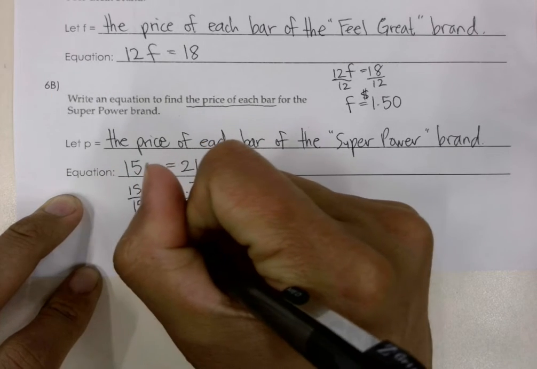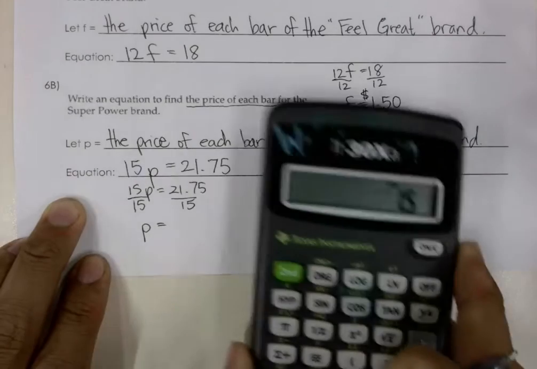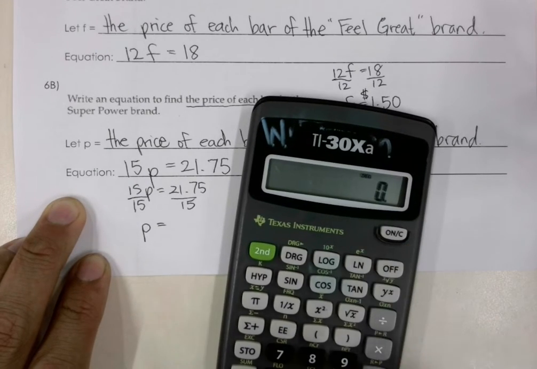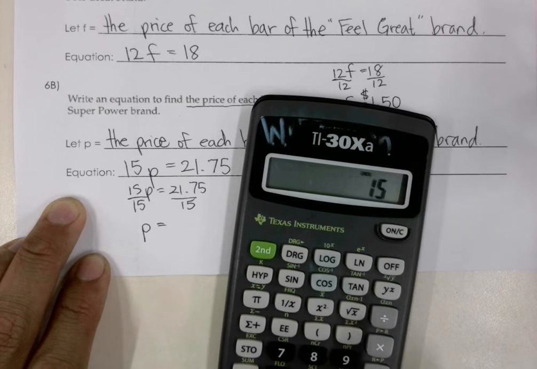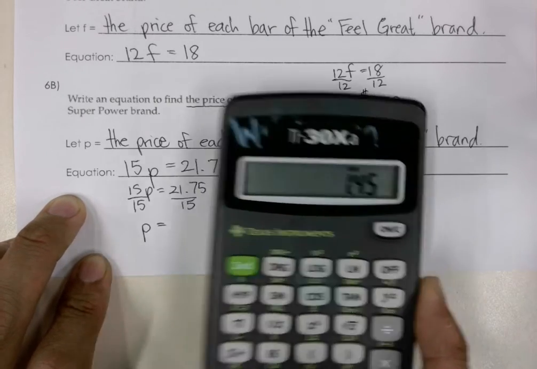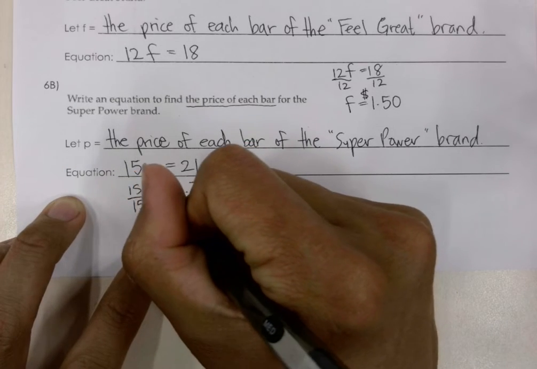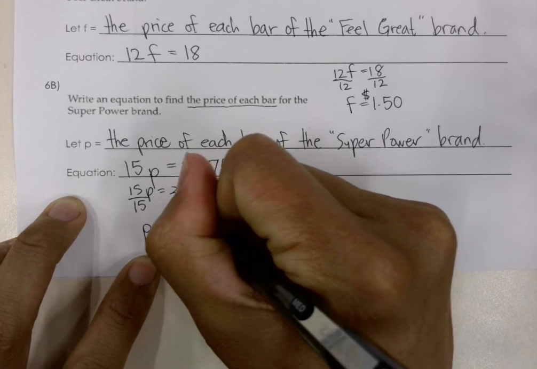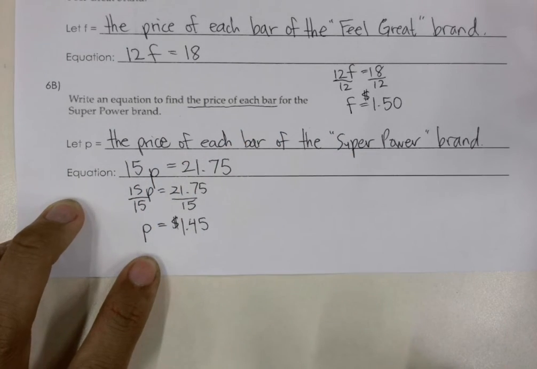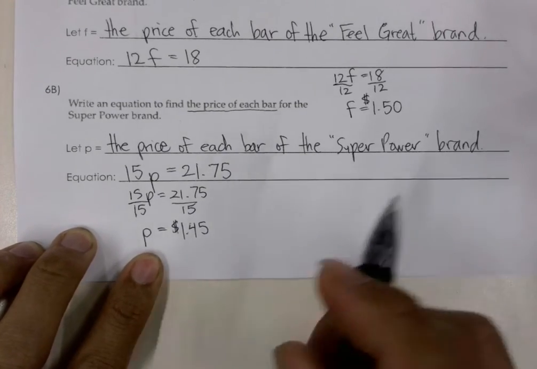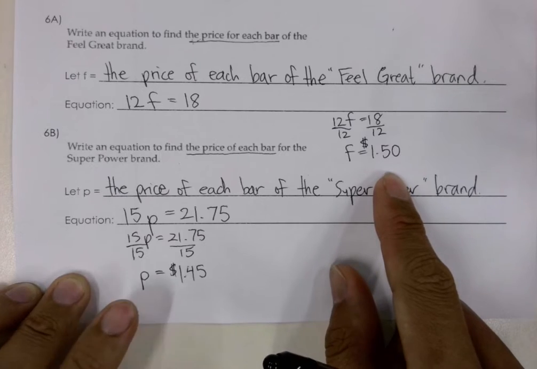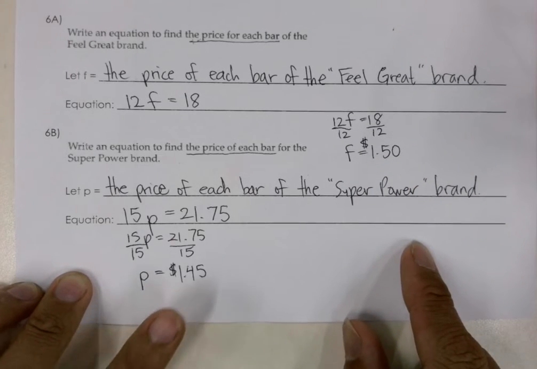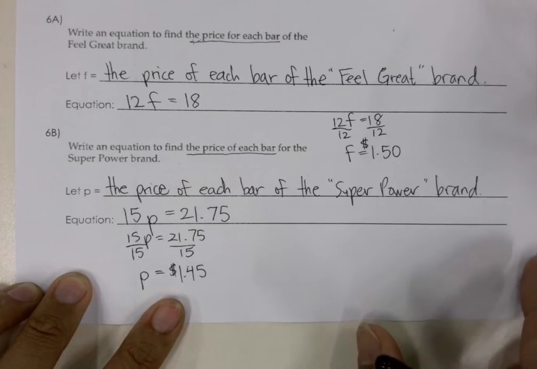We're left with P is equal to 21.75 divided by 15. So that equals $1.45. So which bar should Adelina choose? Well, the Superpower brand bar is cheaper by 5 cents.